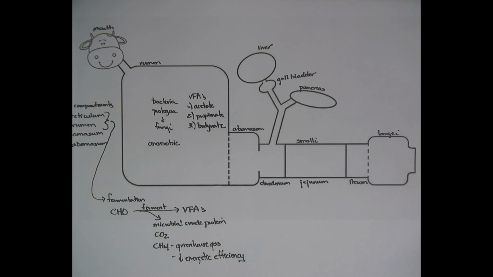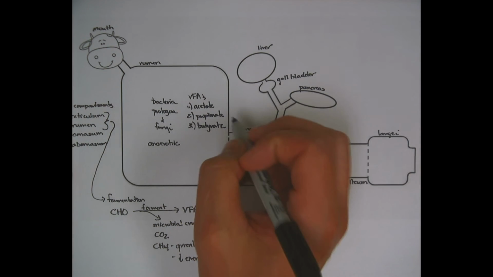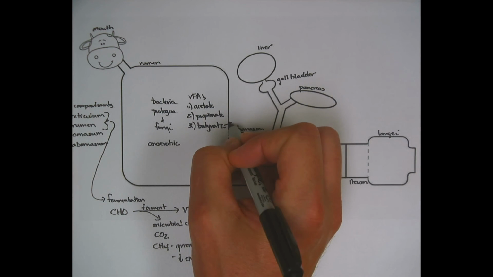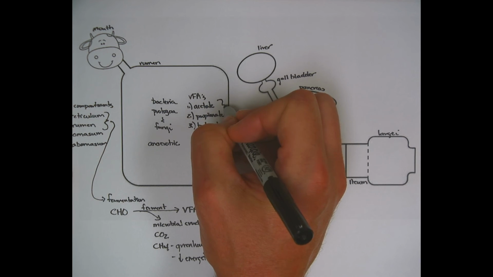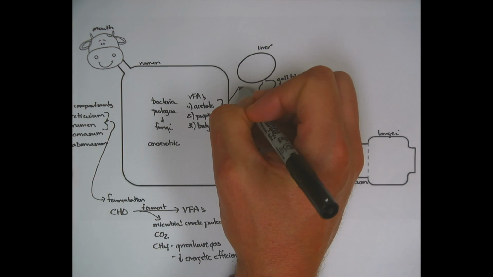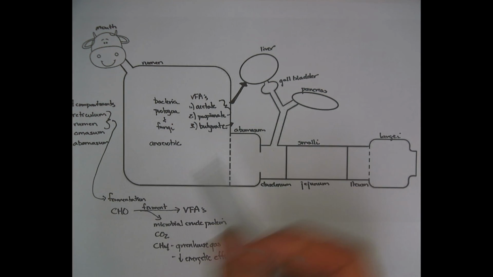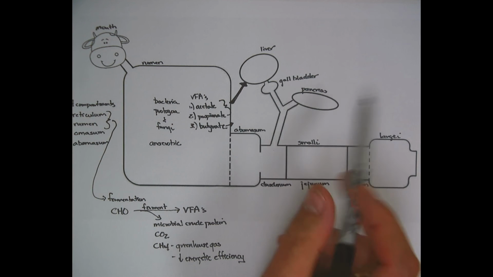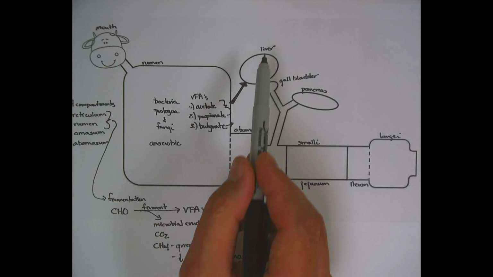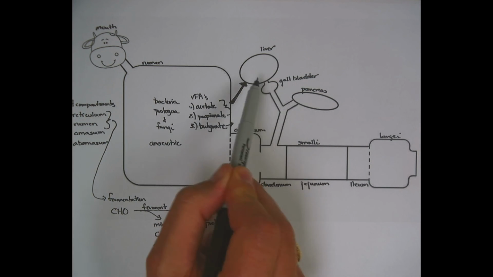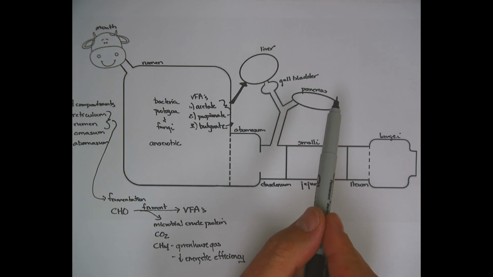Okay, so those are our 3 VFAs, and butyrate's used primarily by the rumen, and propionate and acetate go to the liver. When they're absorbed from the rumen, they're going to go to the liver first. All of the blood in the gastrointestinal tract drains to the liver first. So anything we absorb out of the gastrointestinal tract is going to go to the liver.